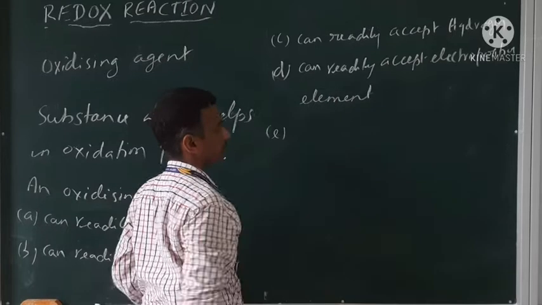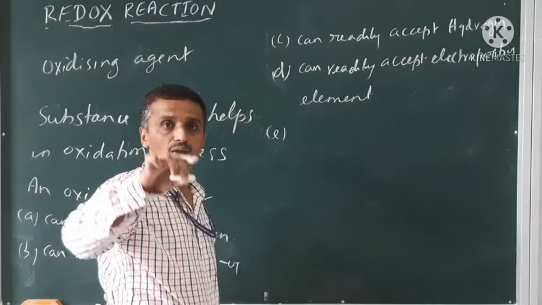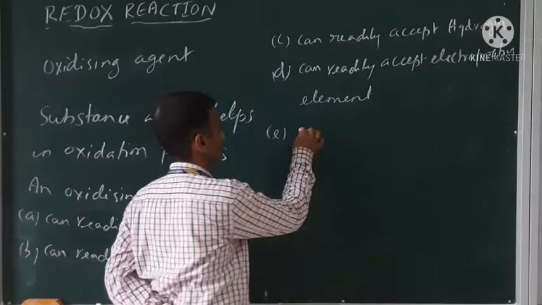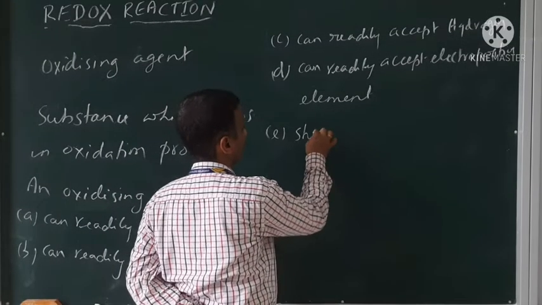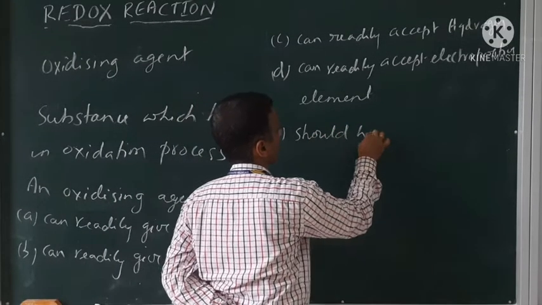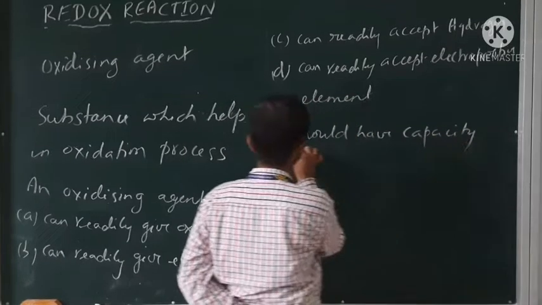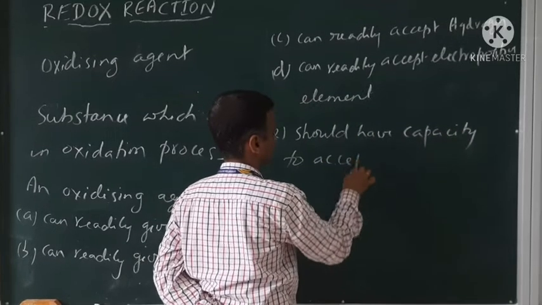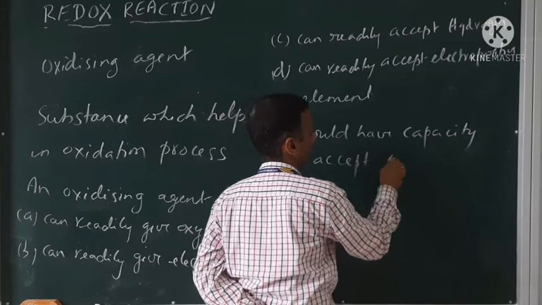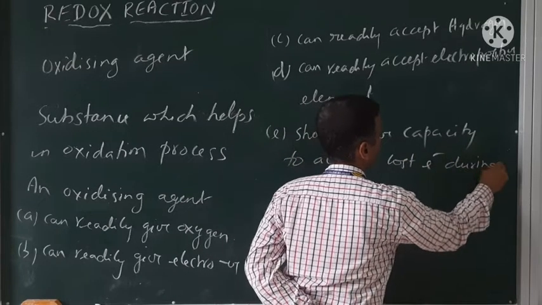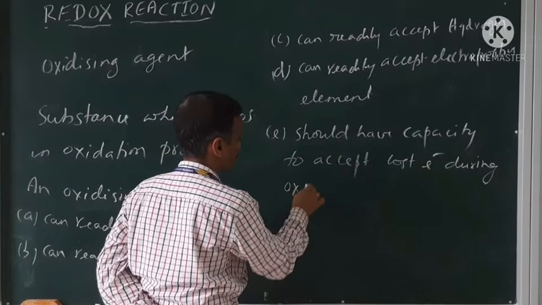Then E, loss of electron is oxidation, means it should have the capacity to accept the lost electron during the oxidation process.